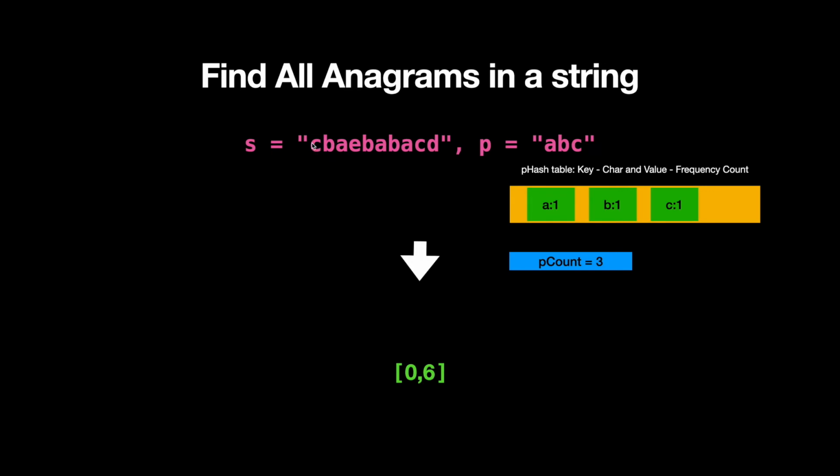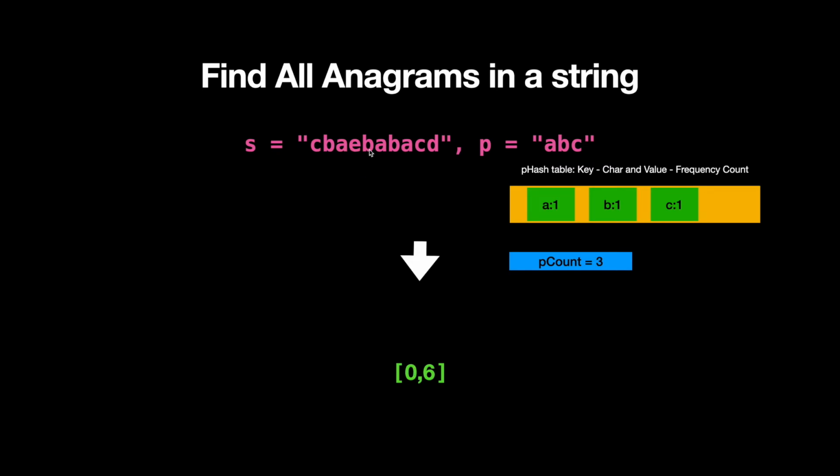We'll compare the first 3 characters of this array with P, ABC, and see if it is an anagram or not. After that, in the next loop, we'll discard the first character and go to the next 3 characters. We'll check if the next 3 characters are an anagram of ABC or not. If it is not, we won't add it to our index array. If it is, we'll add it to our index array, right?